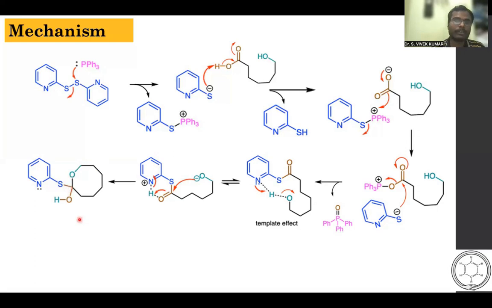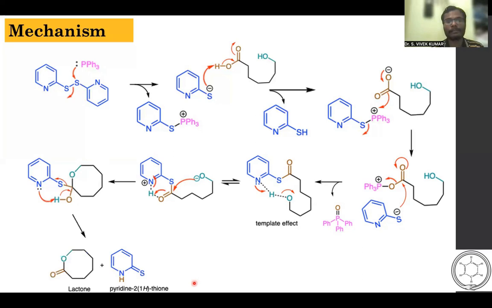Now this pyridyl nitrogen abstracts the proton from this alcohol. Now the oxygen-hydrogen bond breaks down, this electron moves in, followed by kicking off this pyridyl unit, which generates the corresponding lactone as well as pyridine-2-thione as a byproduct.